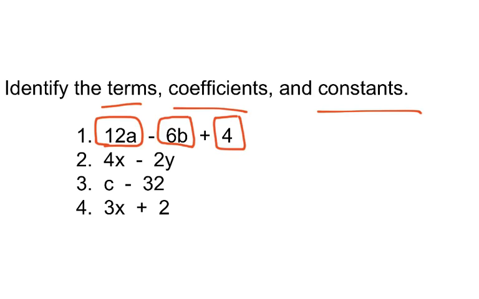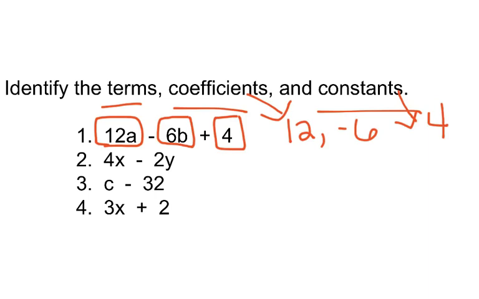There are two variables, a and b. In front of a is a 12. In front of the b is a 6. There is a subtraction in front of that, so that's actually a -6 in front of that b. Those are the coefficients. And the constant in that first one is 4.